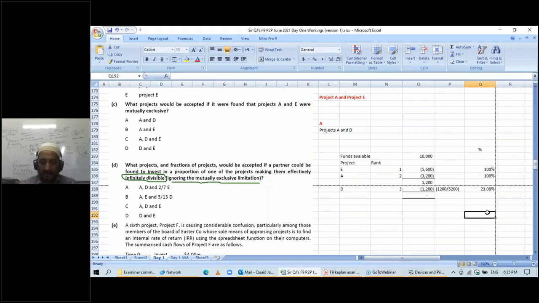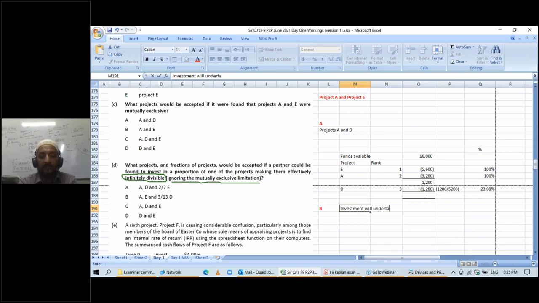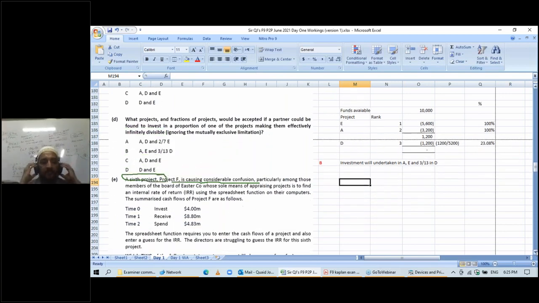So in this case, the correct answer is, if you divide 3 by 13, you get 23%. 3 divided by 13 is 23%. So the correct answer is B. According to B, investment will be undertaken in A fully, then E, and then 3 divided by 13 in D. This is the answer to this question in case of divisible projects.